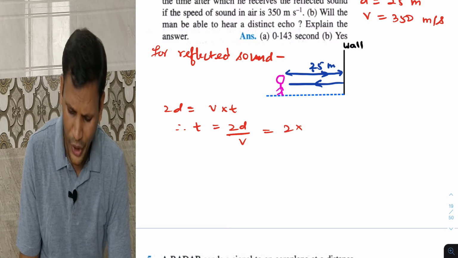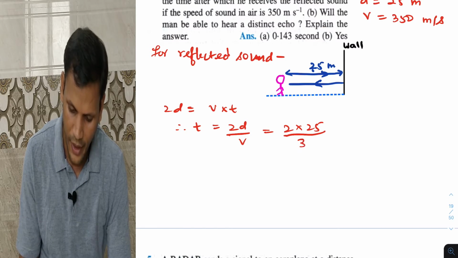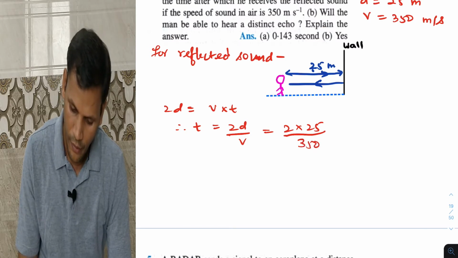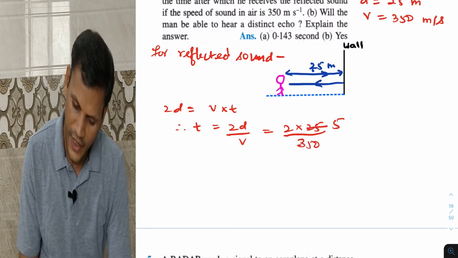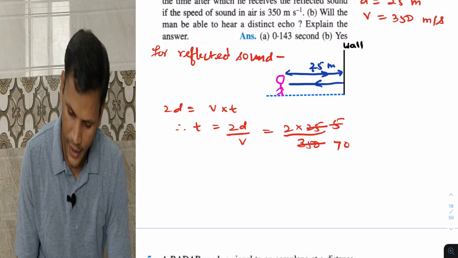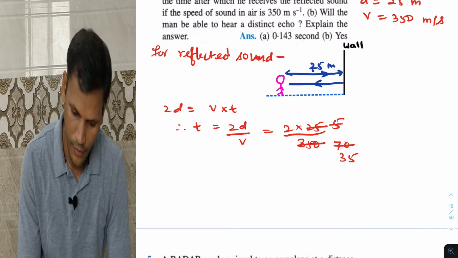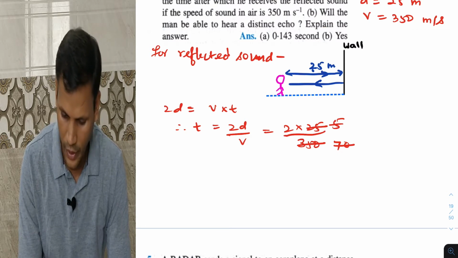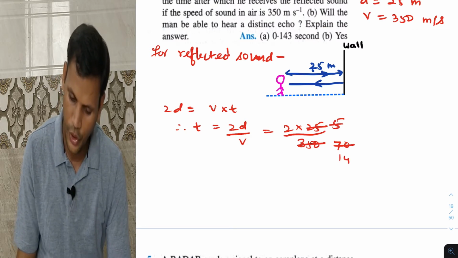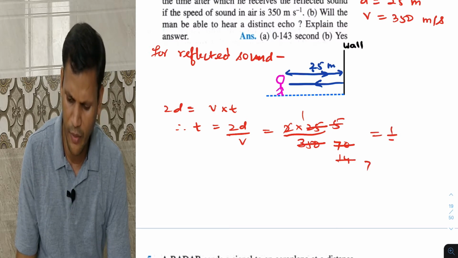So 2 into d, which is 25, upon v, which is 350. Ultimately we are getting 1 by 7.